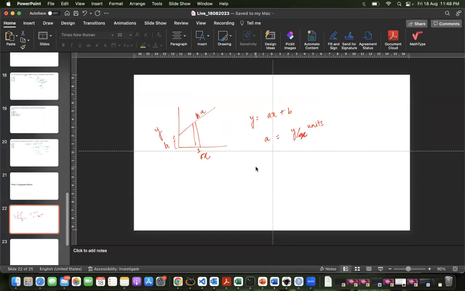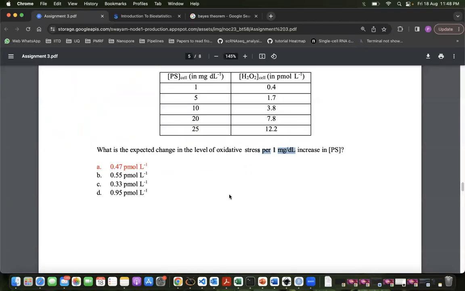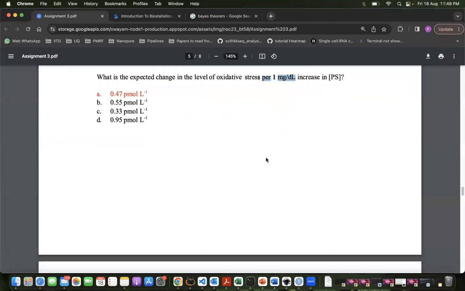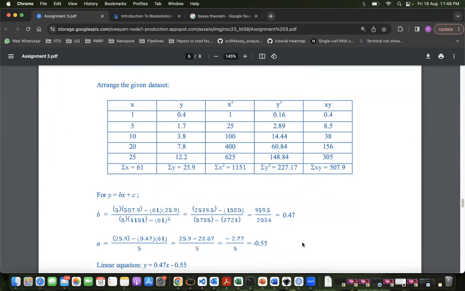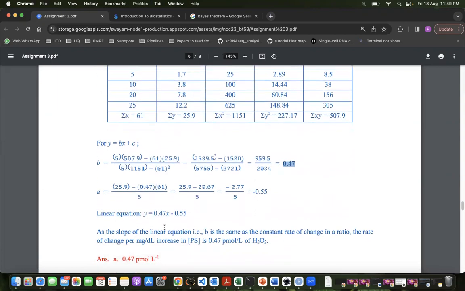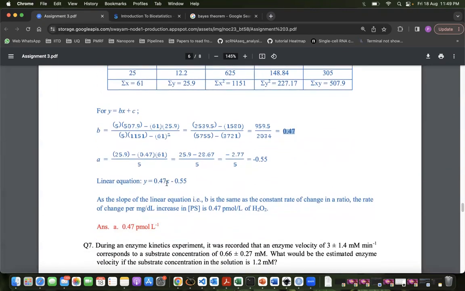I'm not able to explain it correctly, but you get the gist, right? So you just need to calculate B in this case, which is 0.47. So that's your answer. Did any of you have a question?